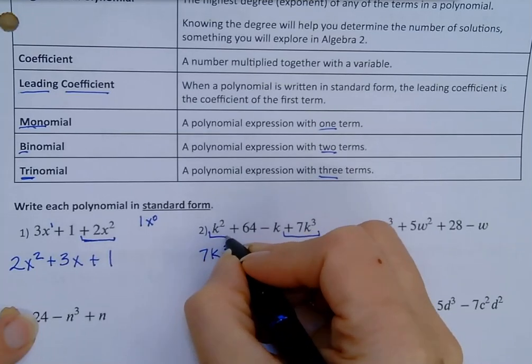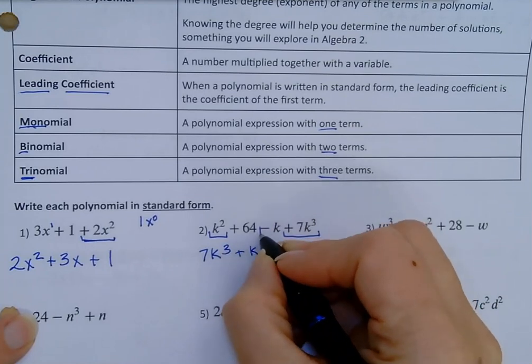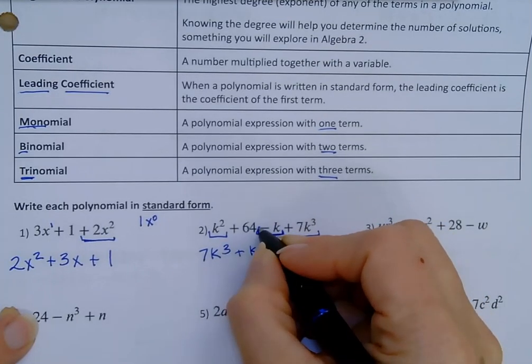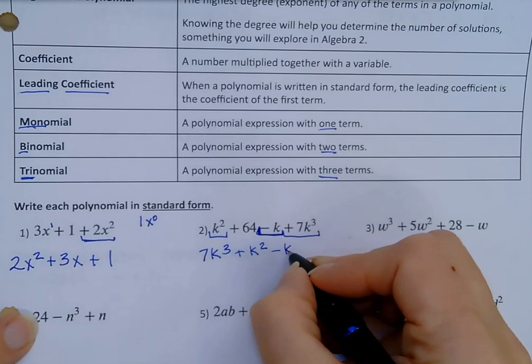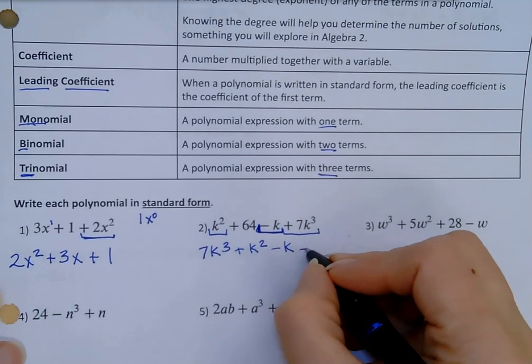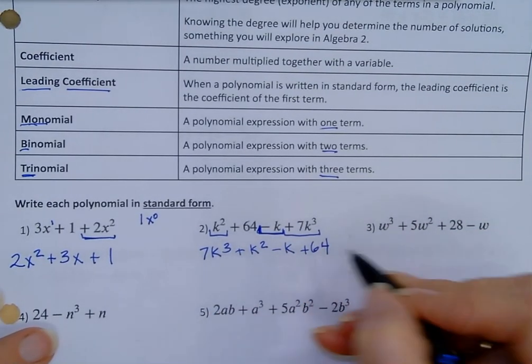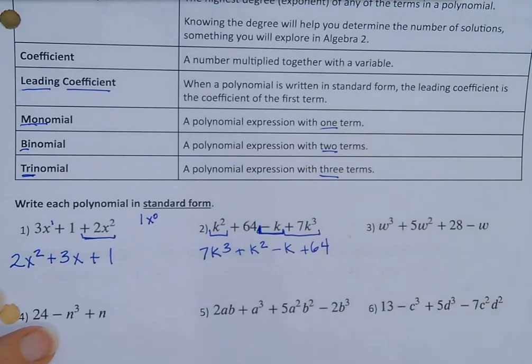Then I'm going to take k squared, and I'm adding it, because that k squared is positive. Minus k, do not lose your negative. This is minus k. That negative or subtraction sign is glued to that k. And then plus 64. So now I'm in the right order. I'm only one single variable, so I didn't have to worry about alphabetical order, but I'm going in descending order. I'm getting smaller with my exponents.